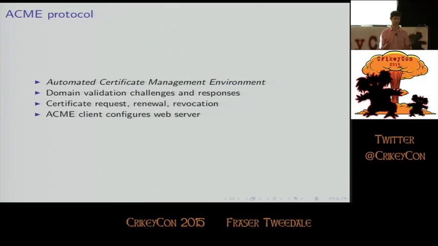It manages the certificate lifecycle, so you can request new certificates, renew certificates, and revoke them. And finally, although it's not actually part of the protocol, an important part of this initiative is that the clients will automatically configure the server software and install the certificates in the manner that is appropriate to the server that's being configured.